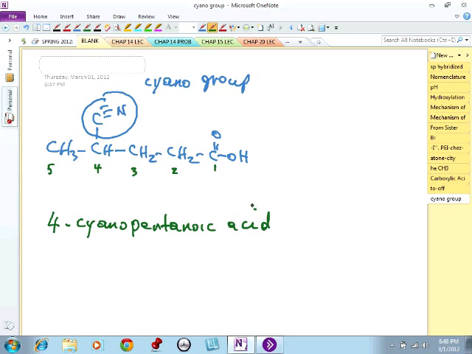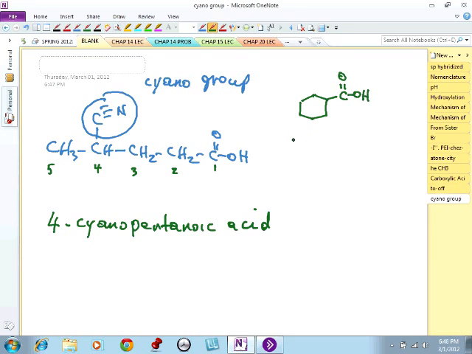Now, if you have either the carboxyl group or the cyano group attached to a ring system, say for example you have this cyclohexane ring attached to a carboxyl group.